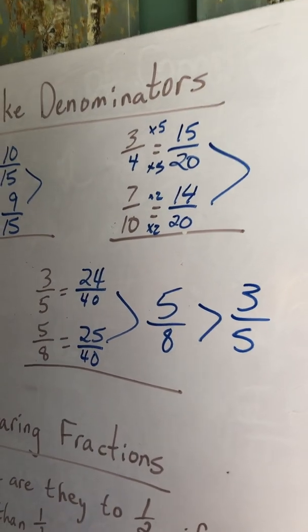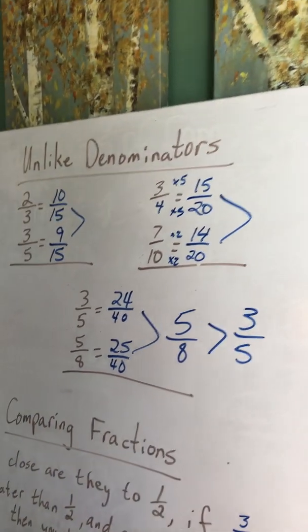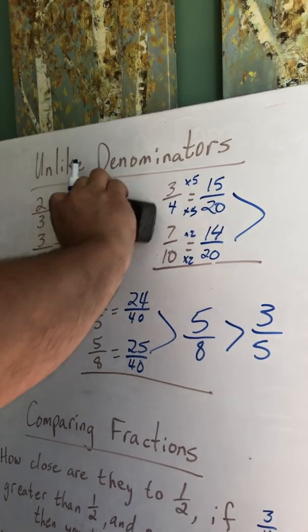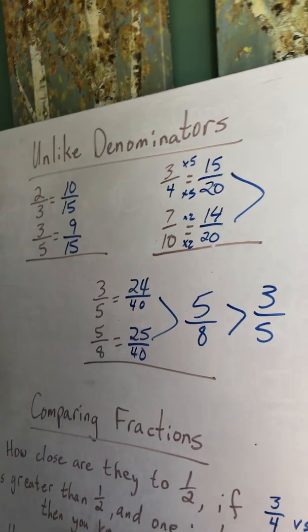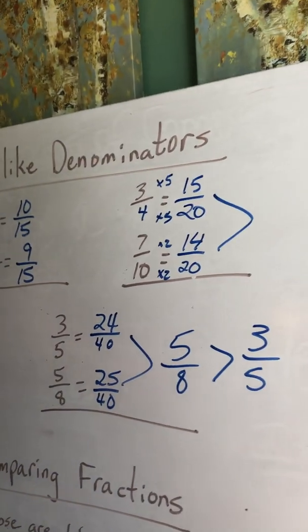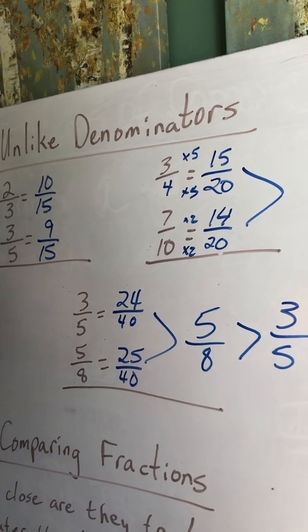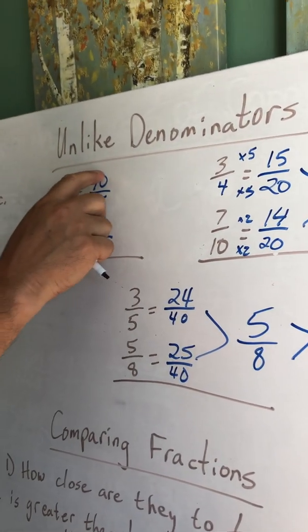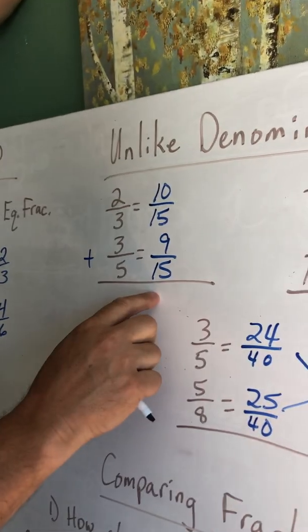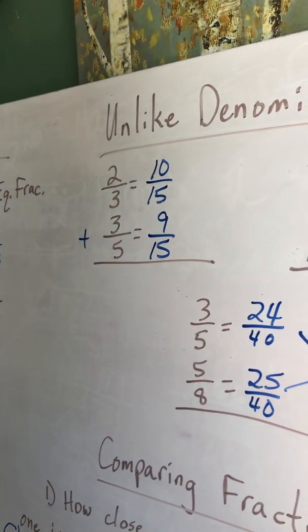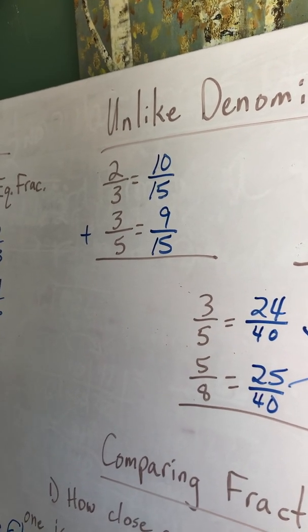Okay? Now, before I move on, I wanted to show you real quick. My 4th grade teacher also, we did it like this because right now we have a common denominator, we can add if we wanted and get 10 plus 9 is 19 and the 15 stays the same, 19/15 if we wanted to add these fractions.